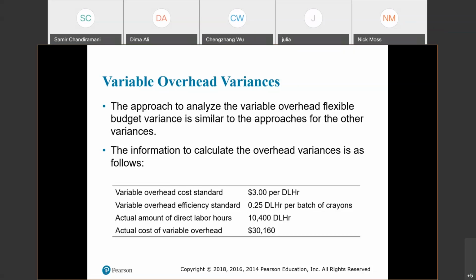So as I said, let's begin with the variable overhead variance.